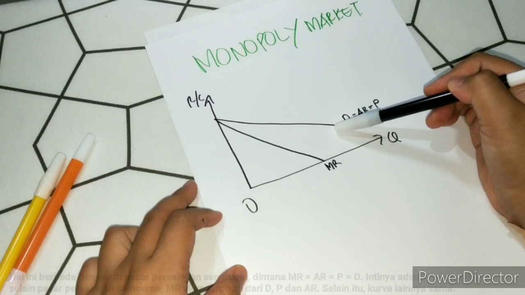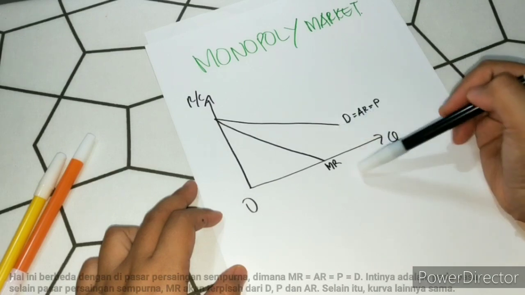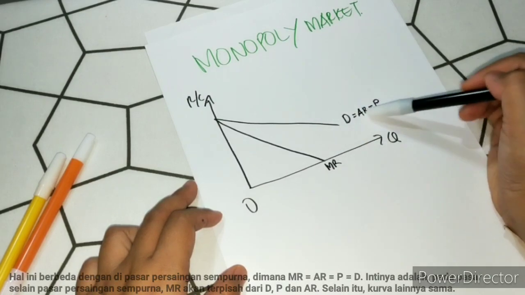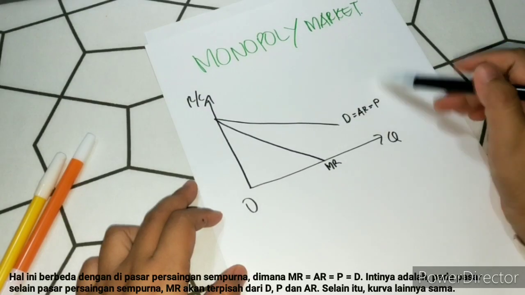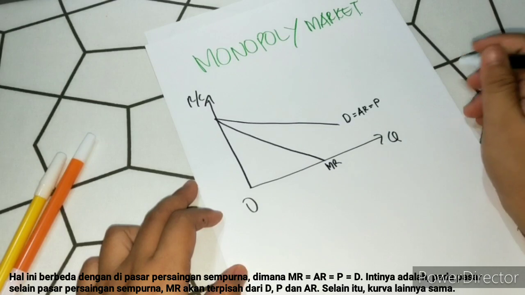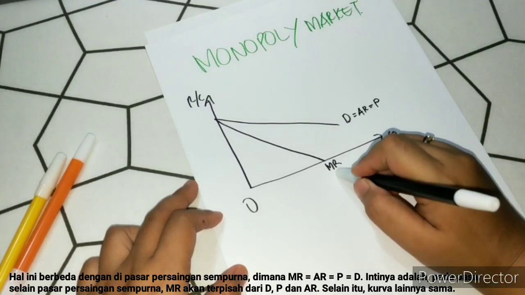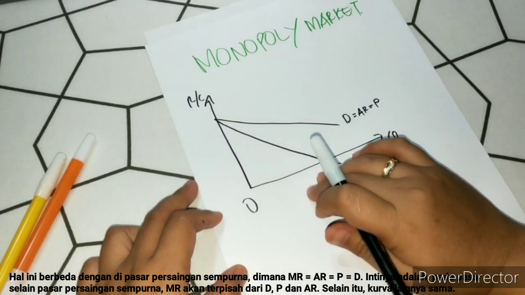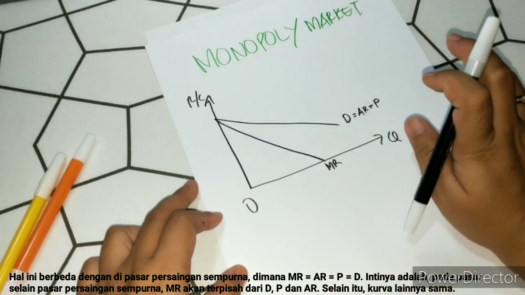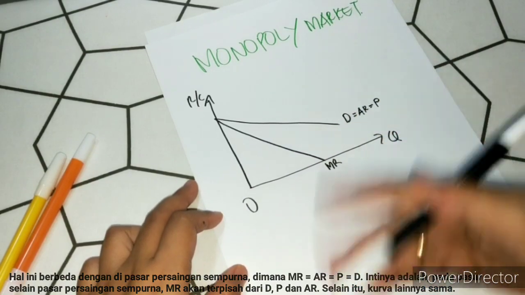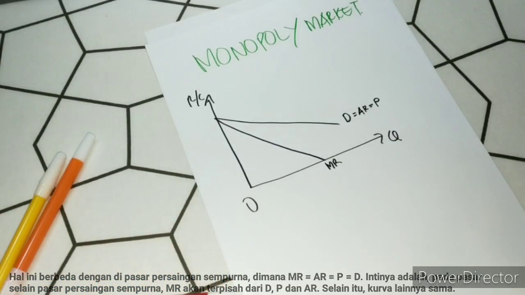It is different from the perfect competition market, where the marginal revenue equals the average revenue equals the price and equals the demand. So the point is that in other markets the marginal revenue will be different from the demand, average revenue, and price, but the other curve will be the same.